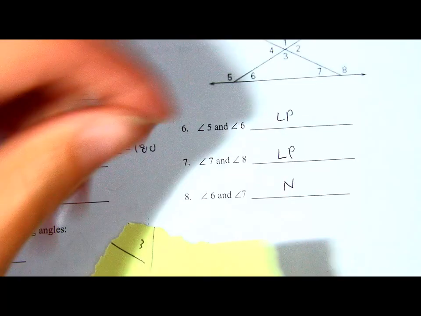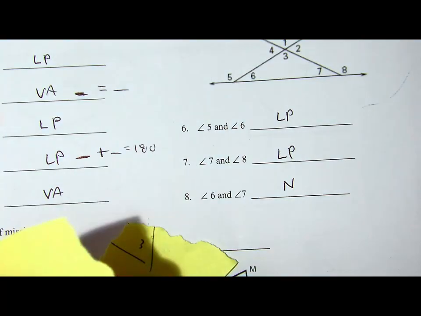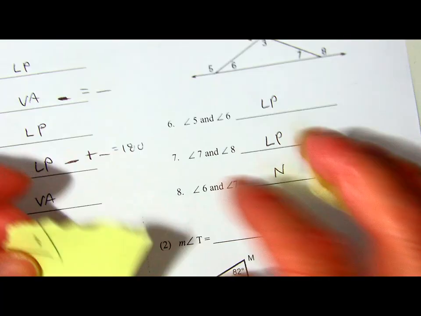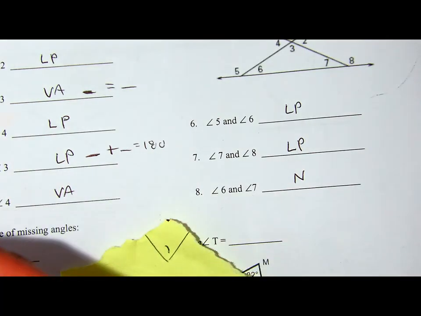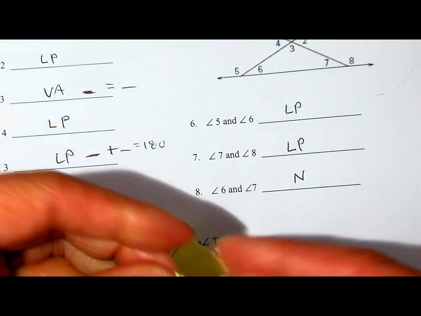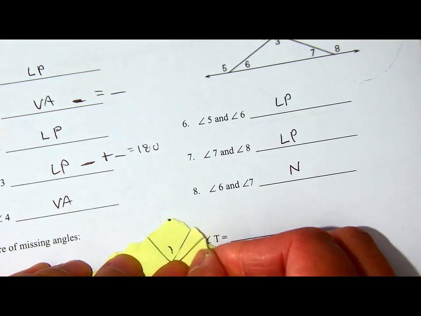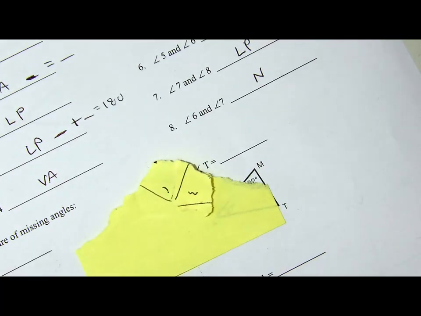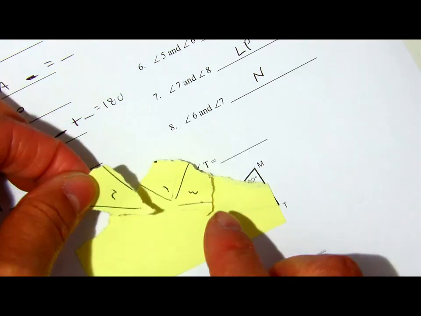There's angle 3. Here's angle 1. Let's see what I can. Scissors. Okay. There's angle 1. There's angle 3. Here's angle 2.